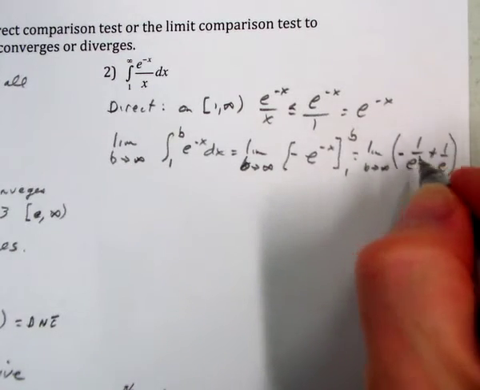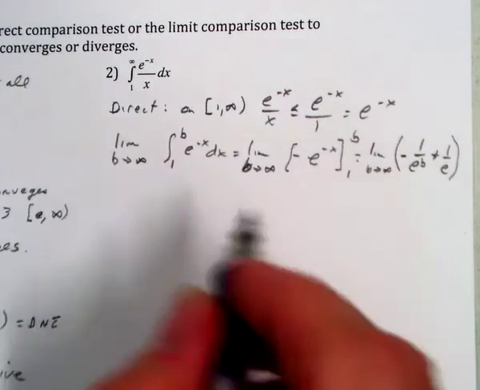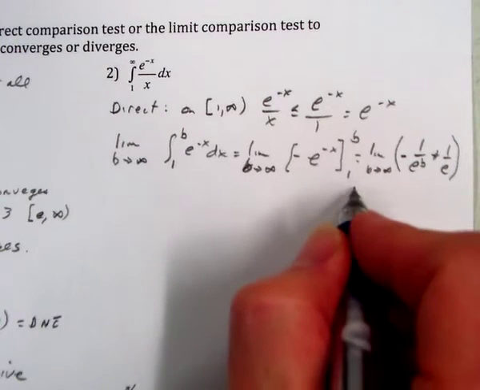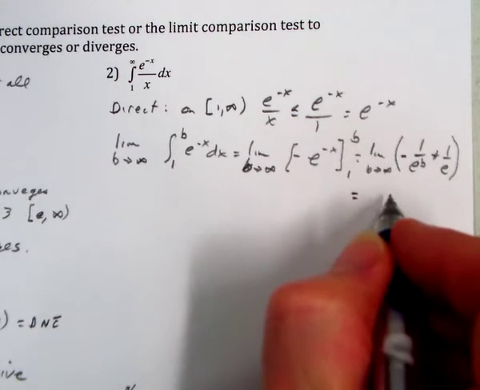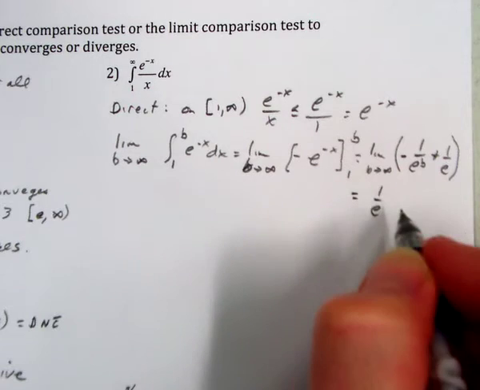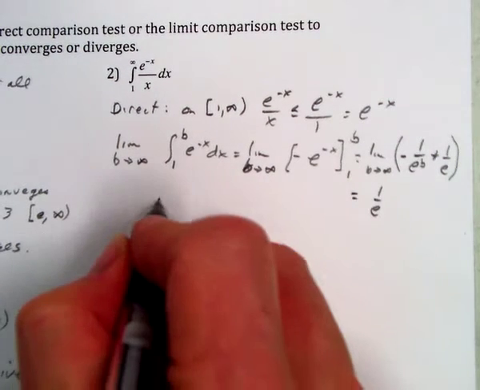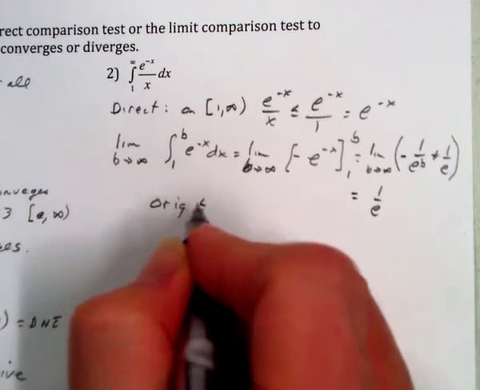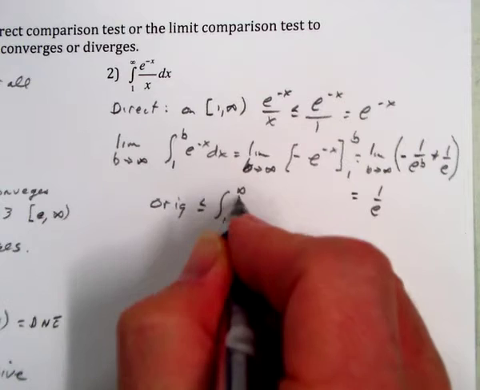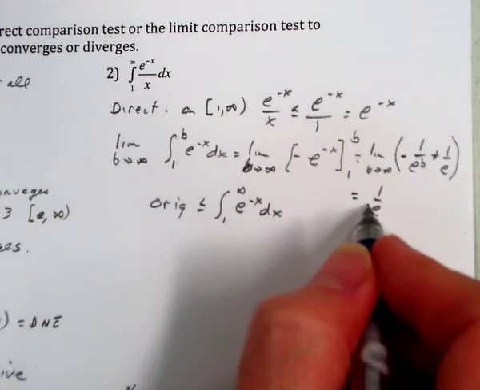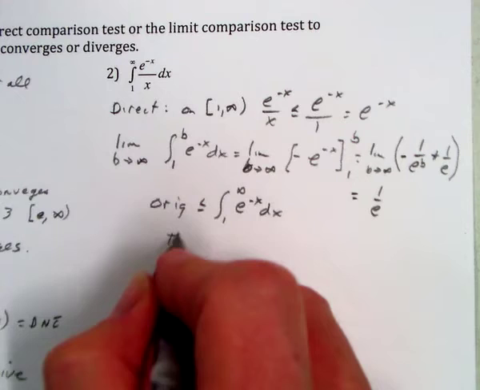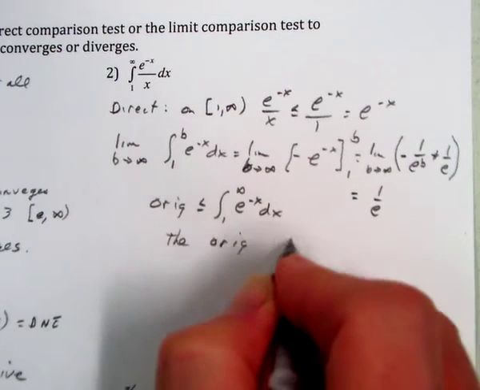You could write negative e to the negative b, but it's a little bit simpler there. And what does this equal? As b goes to infinity, e to the b goes to infinity, that fraction goes to 0, and we're left with 1 over e. So the original one is less than or equal to the integral from 1 to infinity of e to the negative x dx. And since that equals 1 over e, the original one converges.